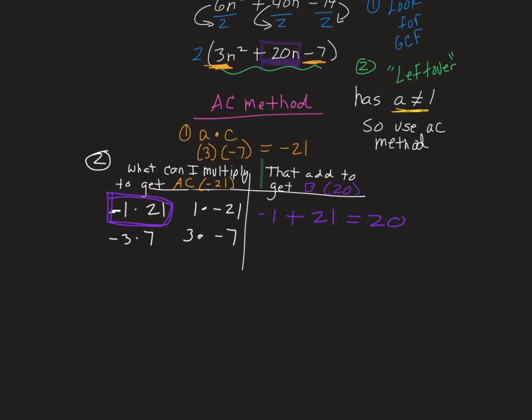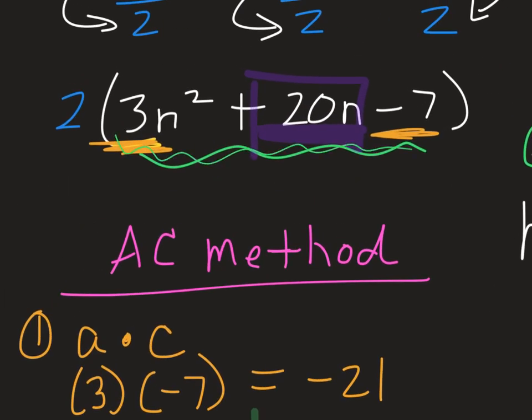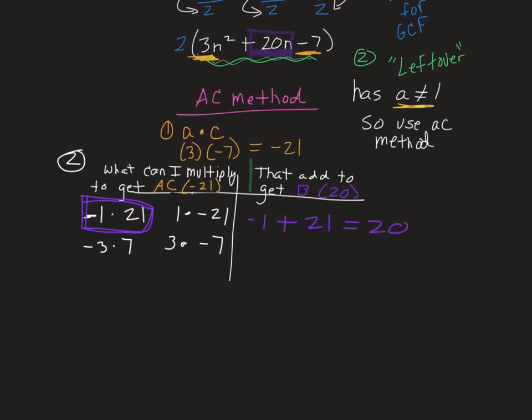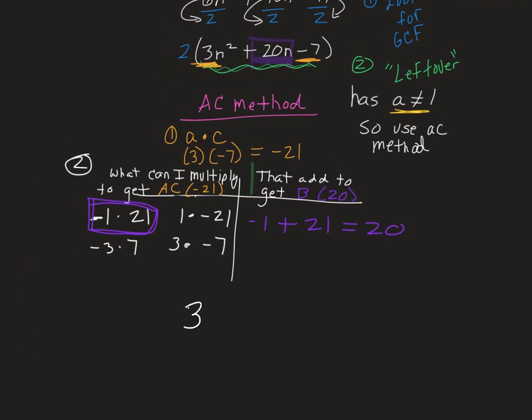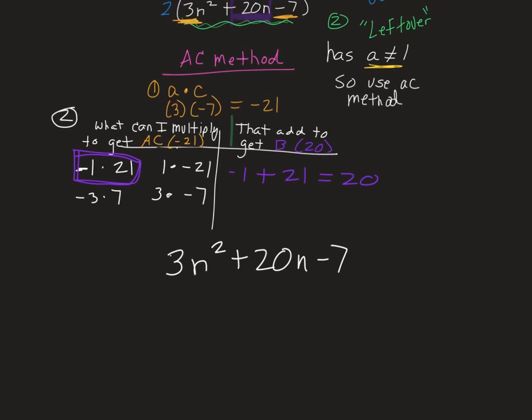I am going to take my leftover. So I'm going to take this 3n squared plus 20n minus 7, and I'm going to bring it down. And I am going to split the middle term into two terms.